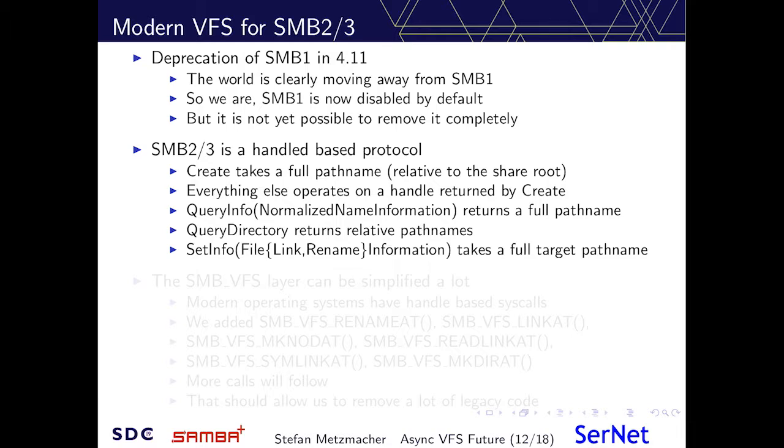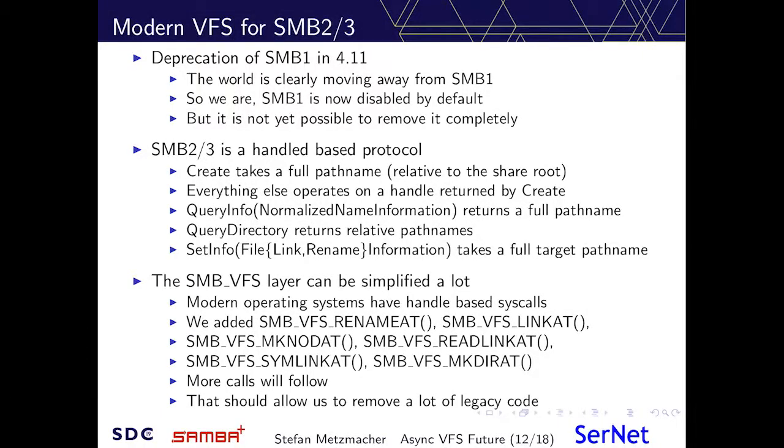For set info, we can have the set file link information or rename information, and these also take the full path relative to the share root for the destination target, but the source is based on a file handle provided by the create function. That means if we base our VFS on what SMB2, SMB3 needs, we can simplify our VFS layer a lot.